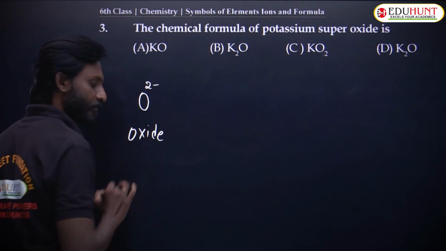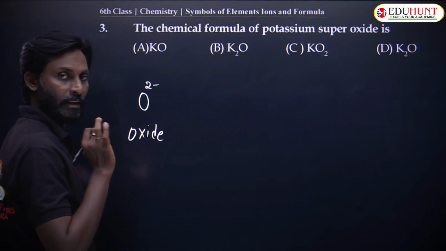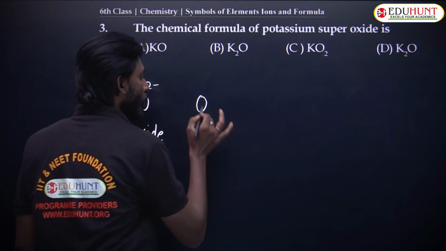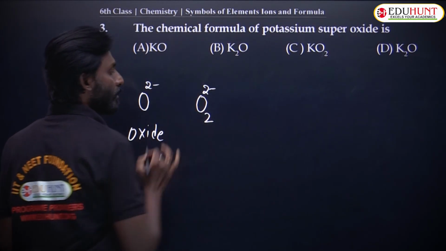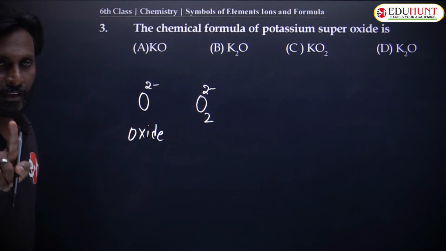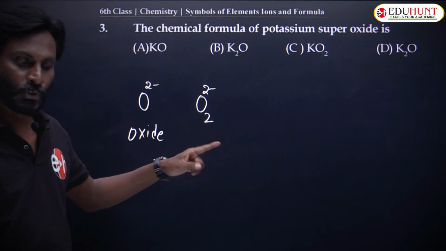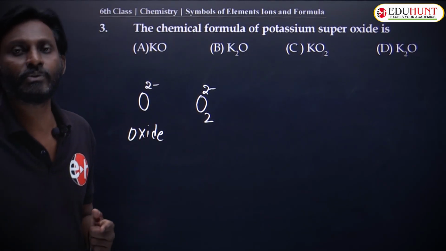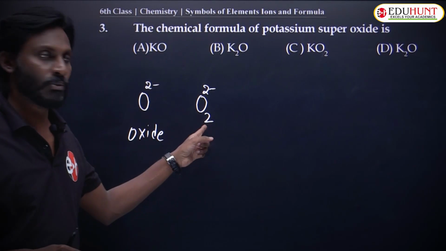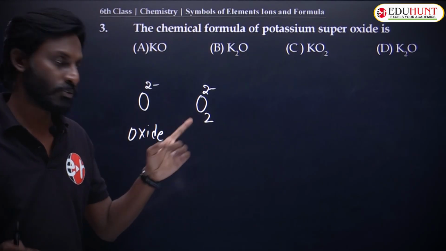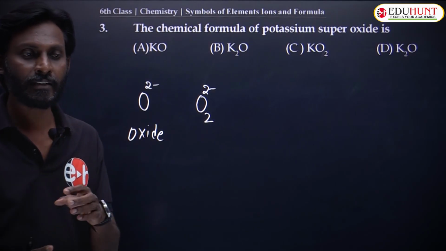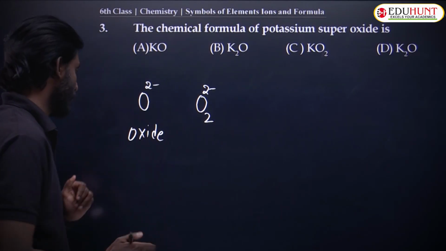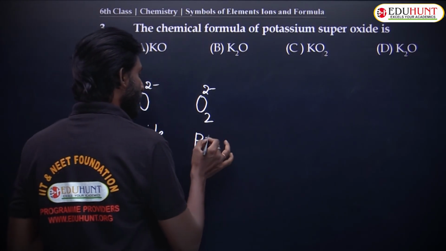Sometimes, in a few examples, 2 oxygens together gain 2 electrons, so each one gets 1 electron. That is nothing but a peroxide.